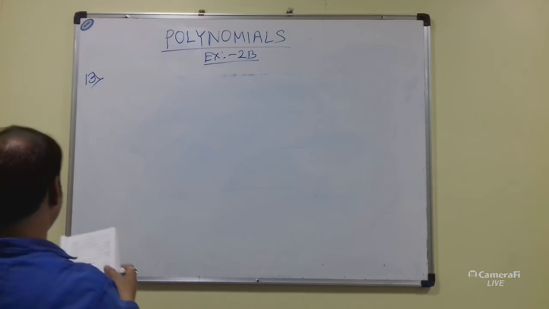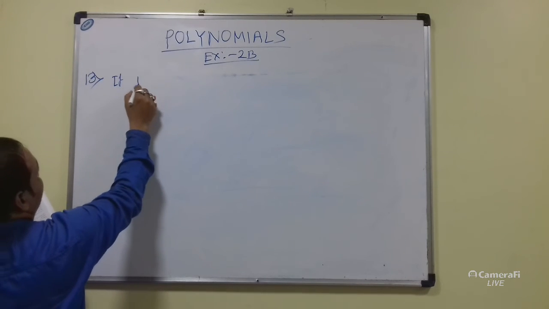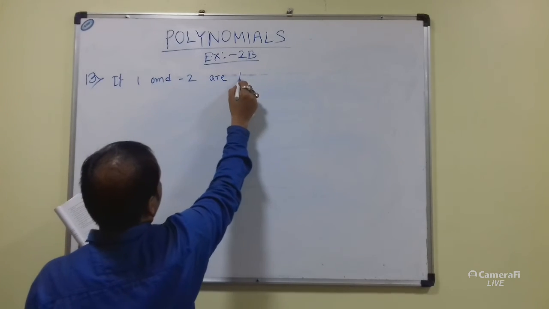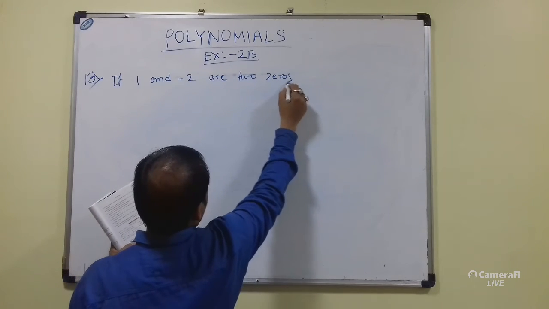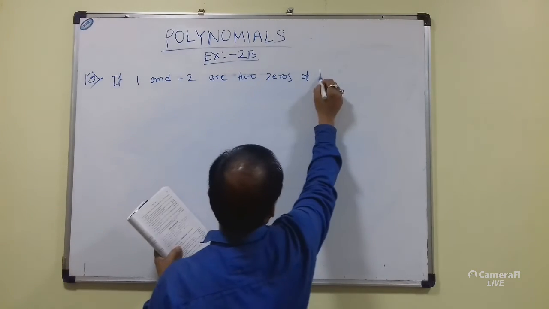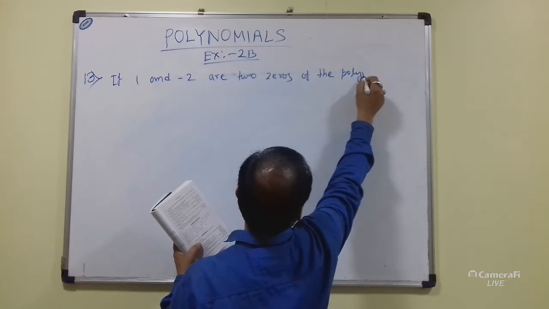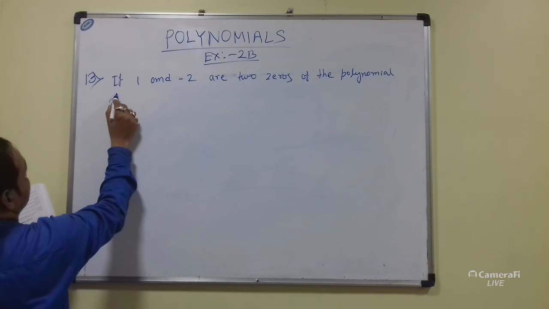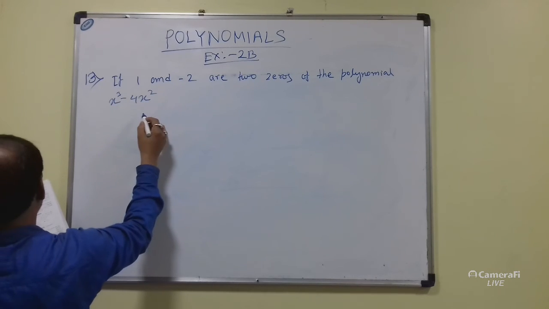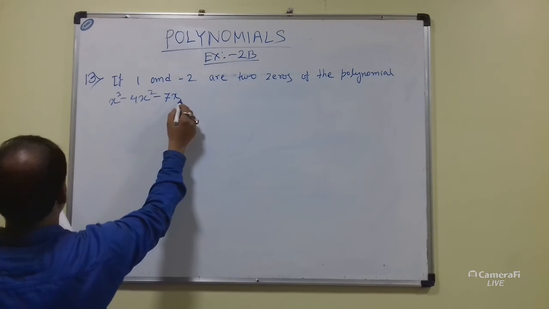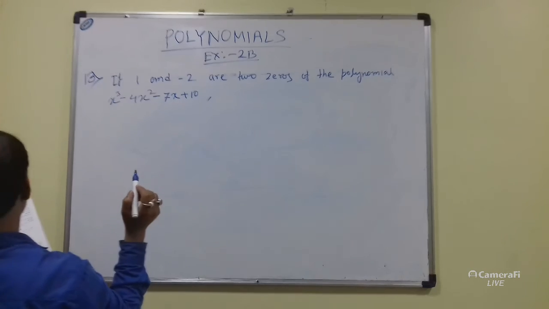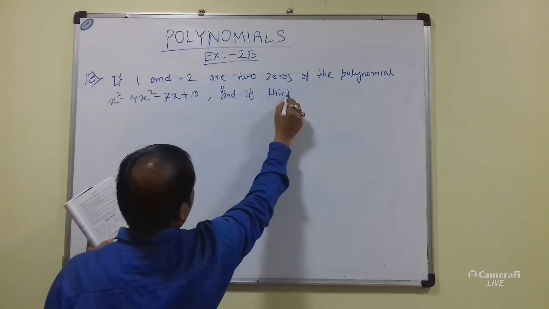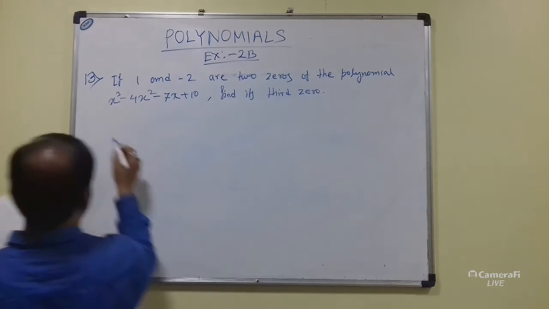Question number 13 is: if 1 and minus 2 are two zeros of the polynomial x cube minus 4x square minus 7x plus 10, find its third zero.